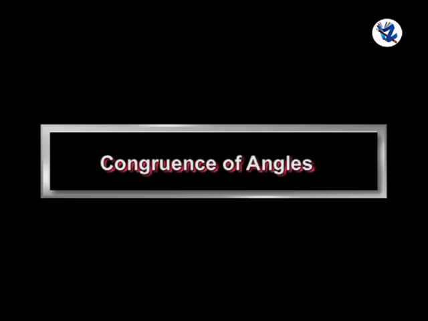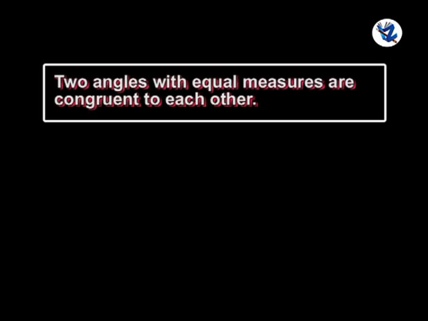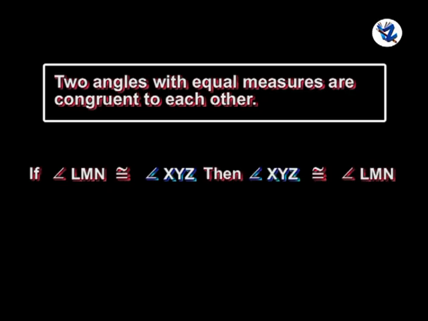Then congruence of angles. Two angles with equal measures are congruent to each other. If angle LMN is congruent angle XYZ, then angle XYZ is congruent angle LMN.